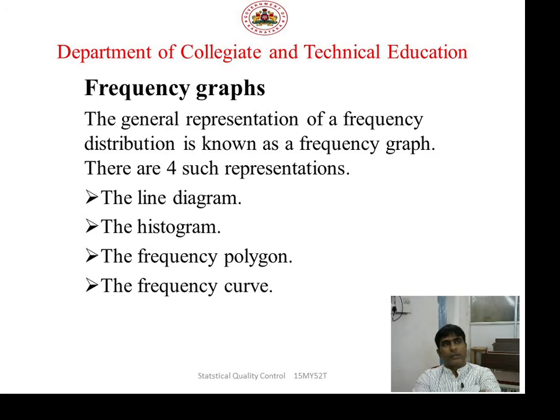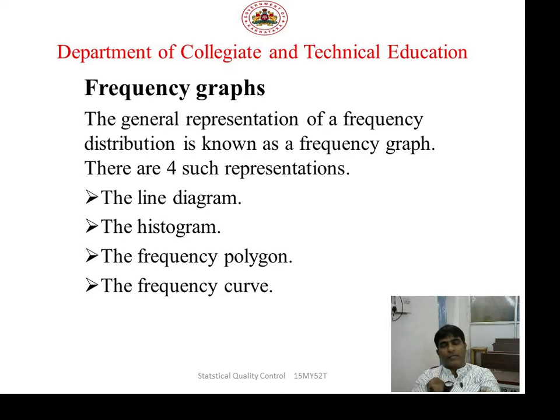So what is that line diagram? In a line diagram, we have straight lines erected from the midpoint of the class, and the length of that straight line will be equal to the frequency of that class. Suppose 0 to 5 is the class width, so the midpoint is 2.5.